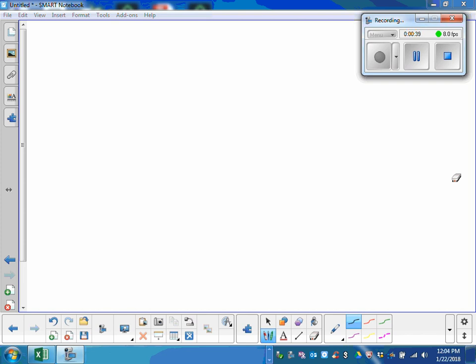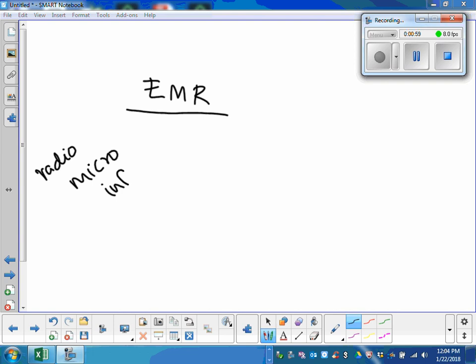Now, so we have electromagnetic radiation. All right? There is a whole set of waves starting from radio waves to microwaves, to infrared, visible, ultraviolet, X-rays, and gamma rays.